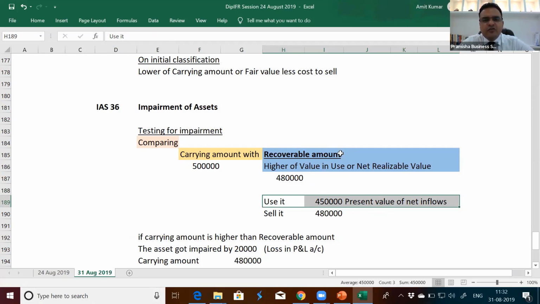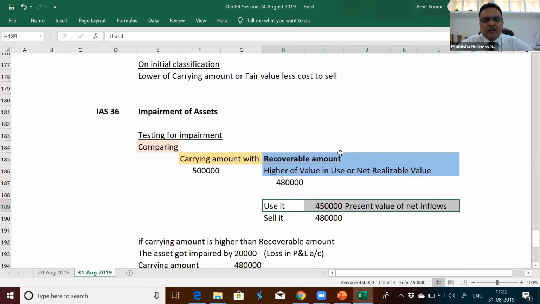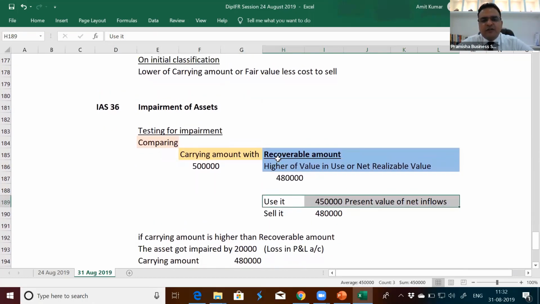We are left with only NRV, right? The recoverable amount or the value we wish to recover is only in the form of selling now, because we plan to sell it within 1 year. If you plan to sell, we are no more using it.